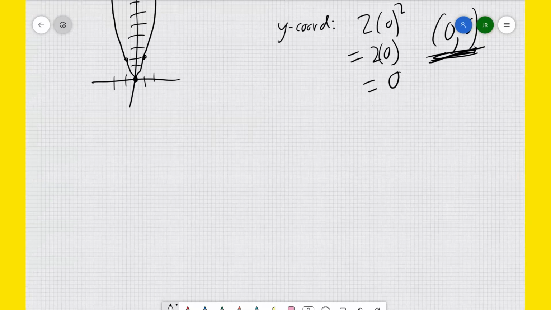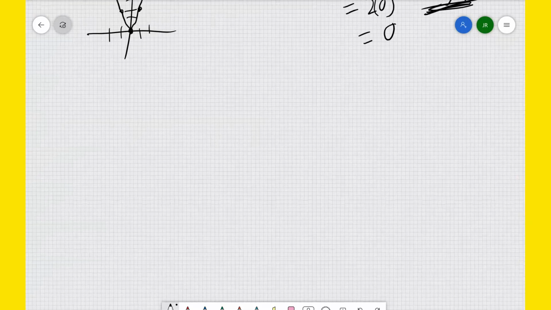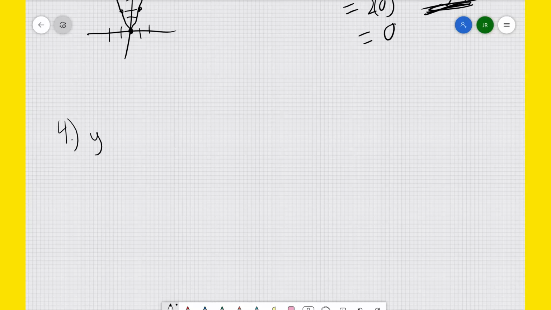All right. How about this one? Vertex, x coordinate, negative b over 2a. What's b in this case? There is no b. The 9 is c.